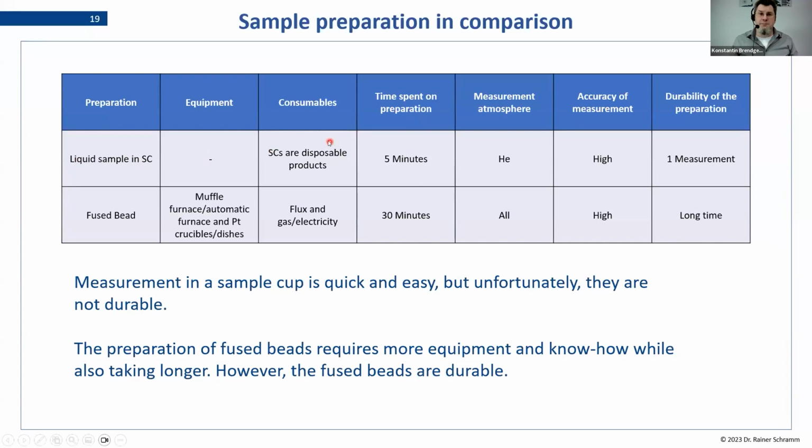The sample cups themselves are one use only. So after the measurement, we throw the sample cup away. If we wanted to do repeat measurements, you could refill the liquid into a new cup, but we never use sample cups twice, and we don't recommend doing that at all.